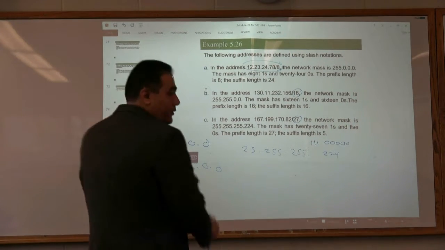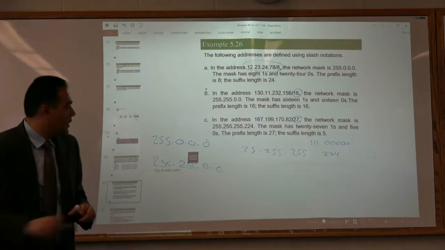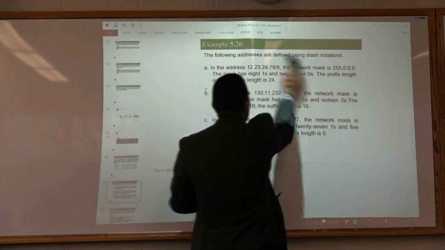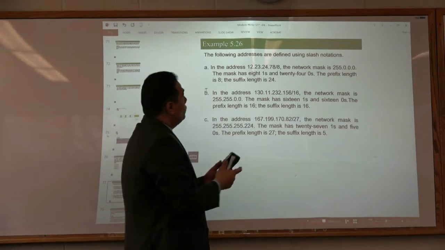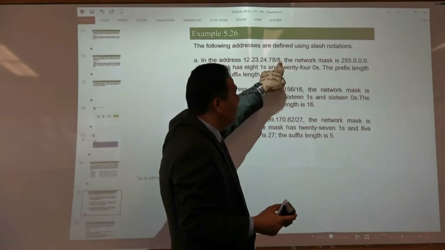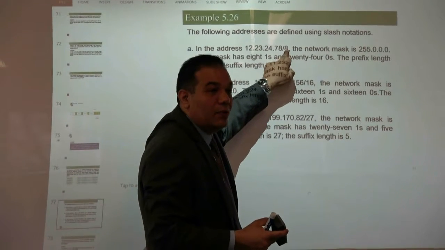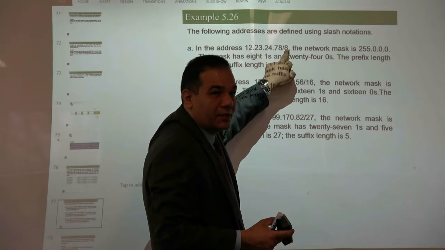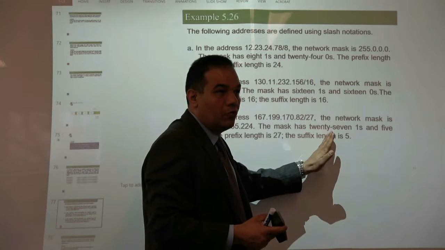So I think the idea is clear: the way you write the IP address, it's not only 4 parts, it's 5 parts. 4 parts, slash a number. That number will tell you the number of ones in the network mask, starting from left to right.